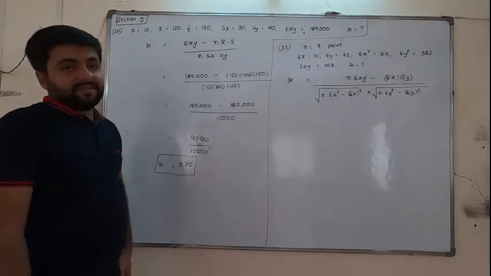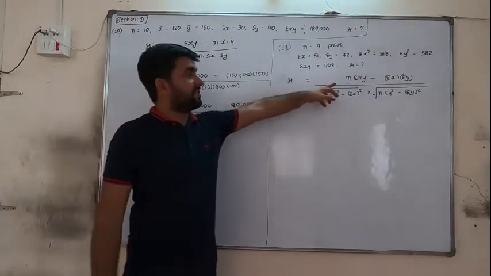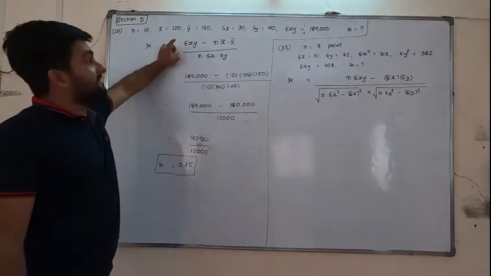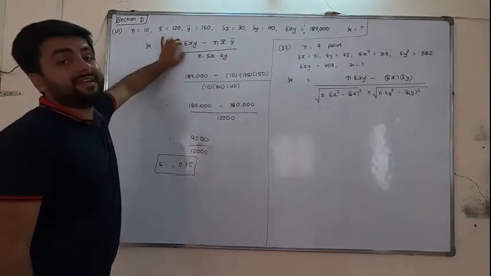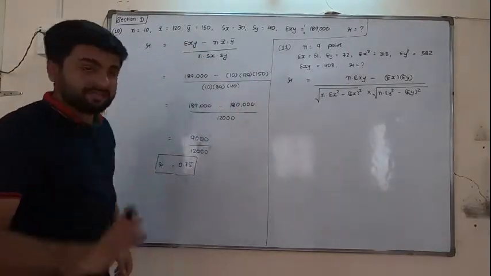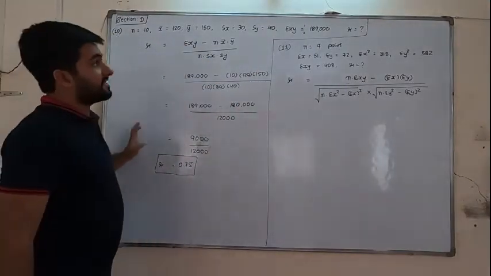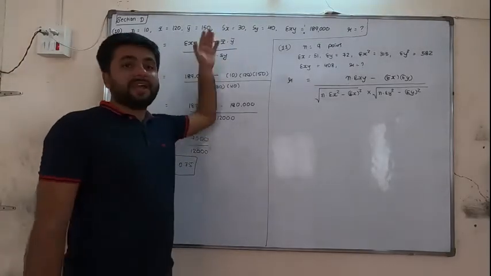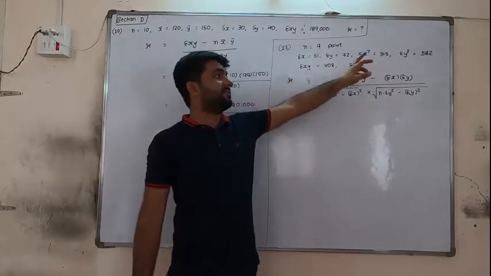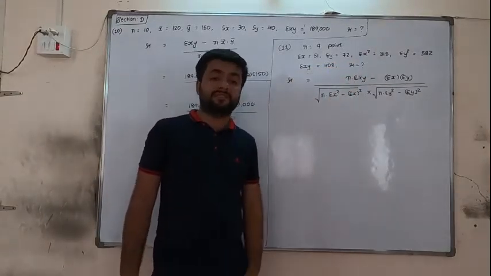One more mistake we are making: sometimes n is required here and we are not taking it, and sometimes by mistake we take n sigma xy. So both formulas are simple and similar. Please understand, when sx and sy are given, the formula is based on that, and when sx and sy are not given but sigma x square and sigma y square are given, the formula is this.